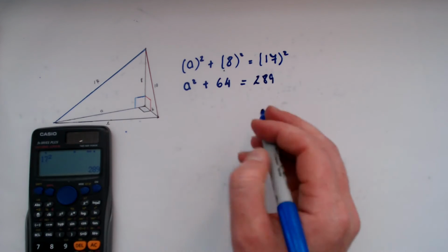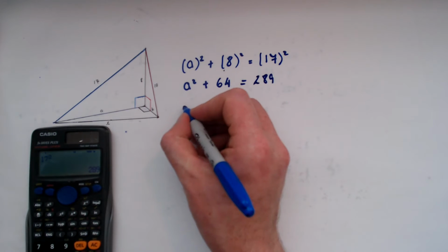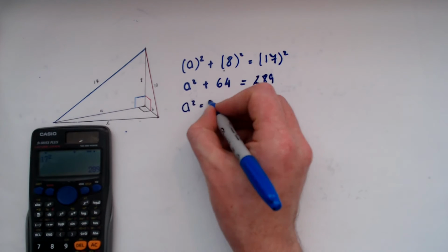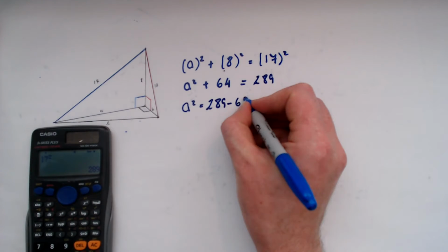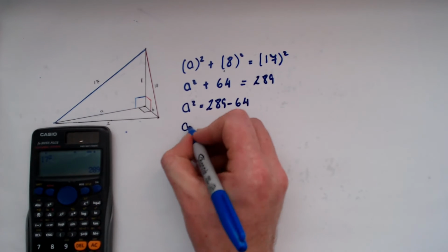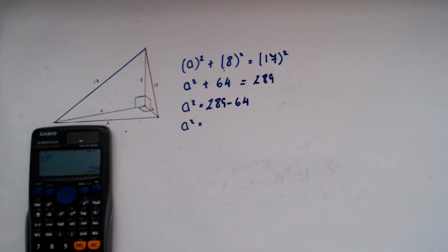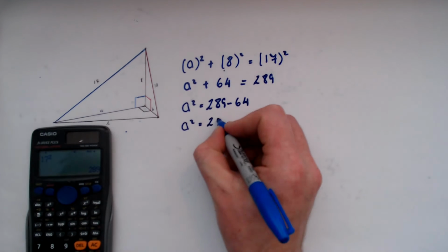Rearranging this equation, subtracting 64 from the right-hand side, I have that A squared is 289 minus 64. That gives me a value of A squared, if I'm not mistaken, of 225.